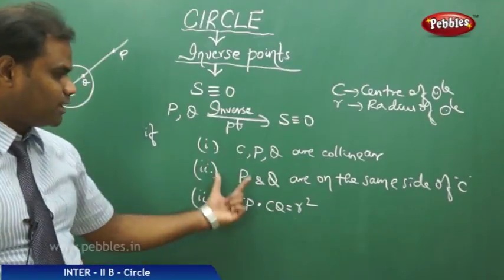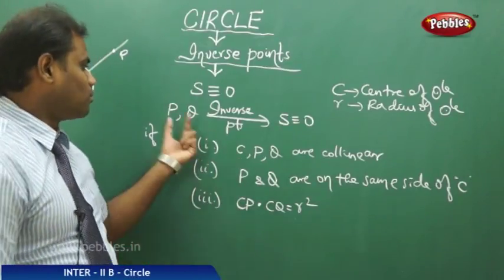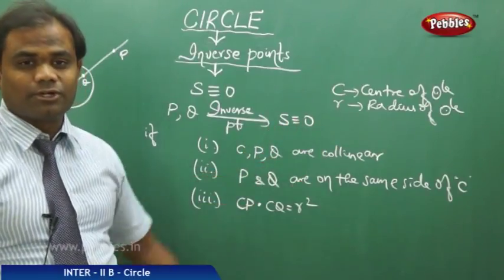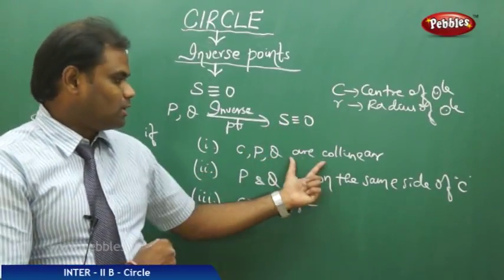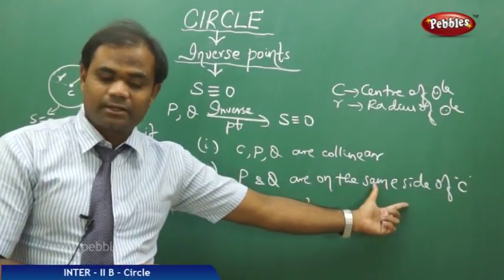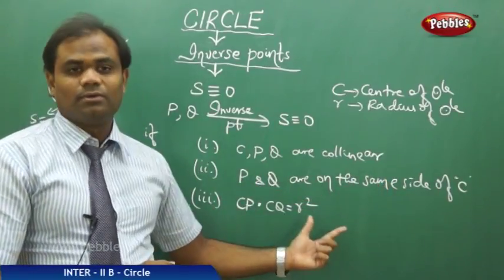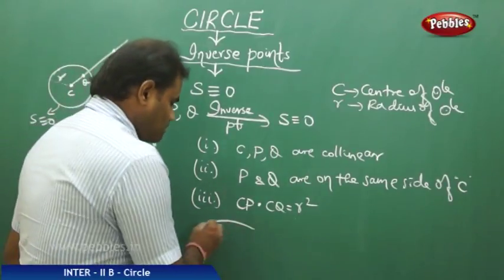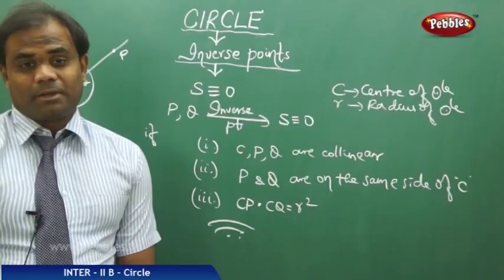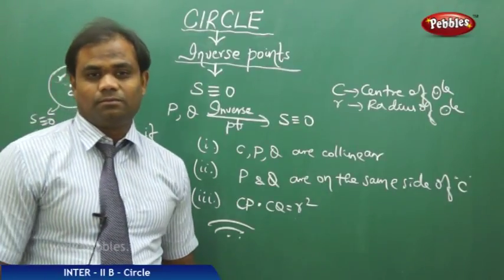So under these three conditions, we say that the points P and Q are inverse points with respect to the circle S equal to 0: if C, P, Q are collinear, P and Q are on the same side of C, the center, and CP dot CQ is R squared. This is how we define the inverse points with respect to the circle S equal to 0.